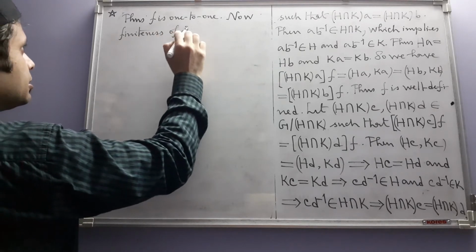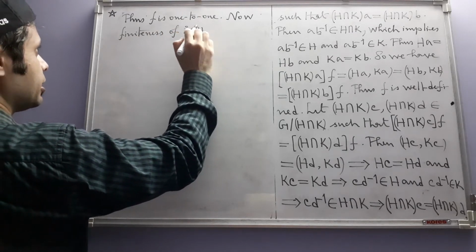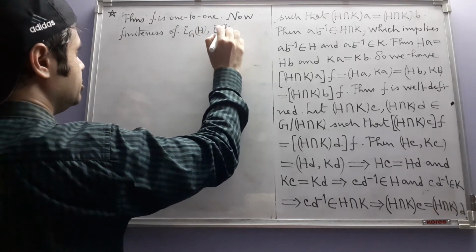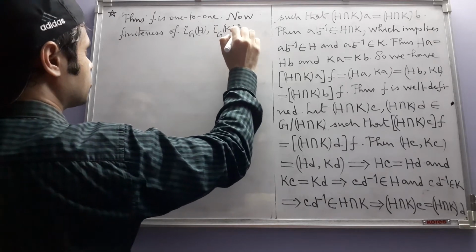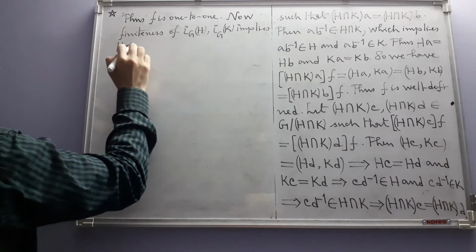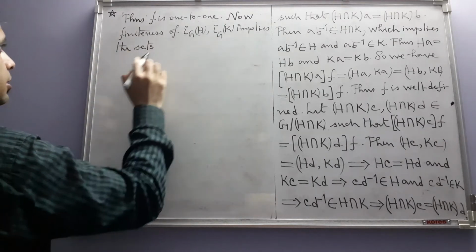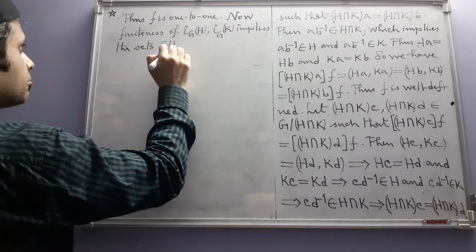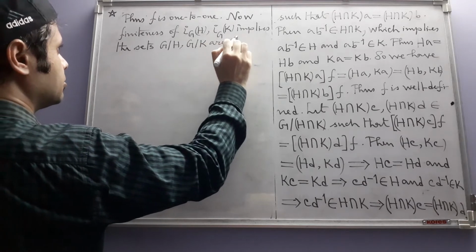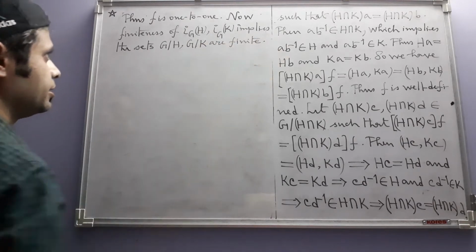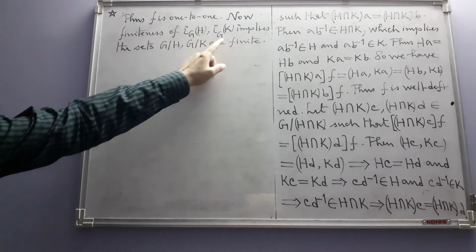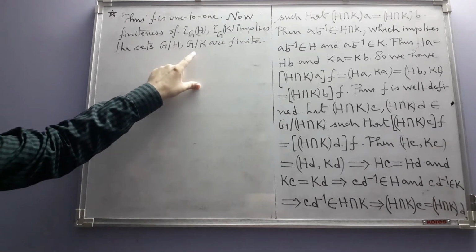Now, finiteness of the indices of H and K in G implies these sets are finite, because indices denote the number of right cosets, and these are sets of right cosets.